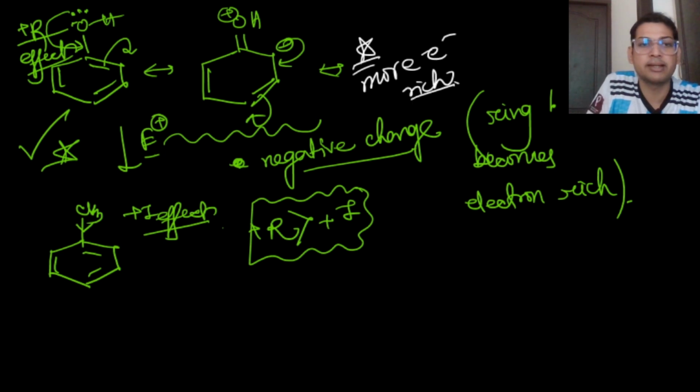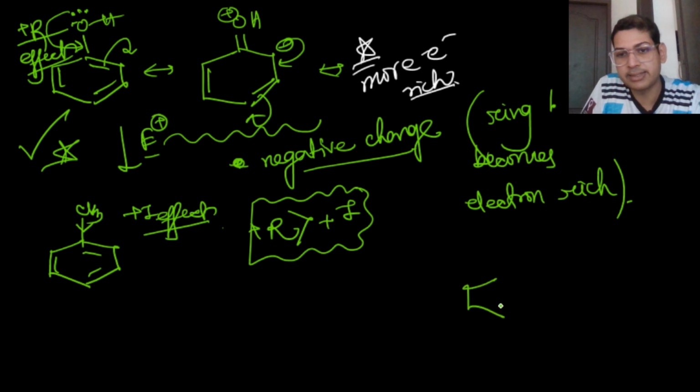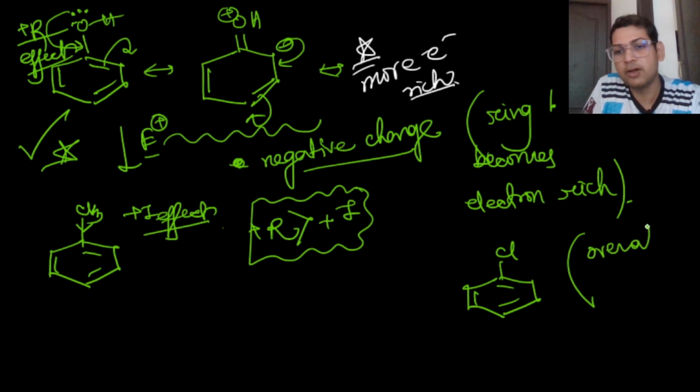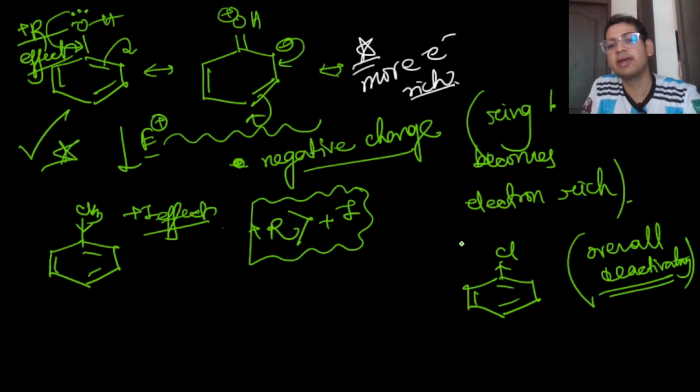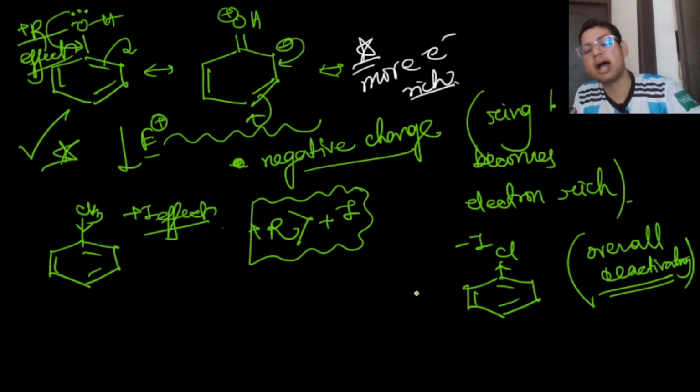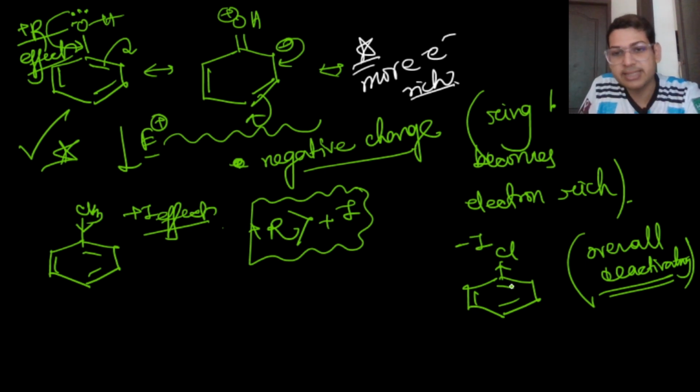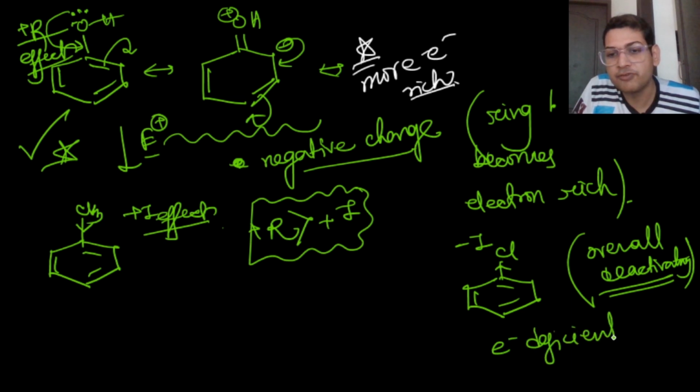Now there is a problem with chlorobenzene. What is happening? It is overall deactivating. I have already discussed in class why: the minus I effect is predominating. That means it is actually withdrawing electrons from the ring, and the ring becomes electron deficient.